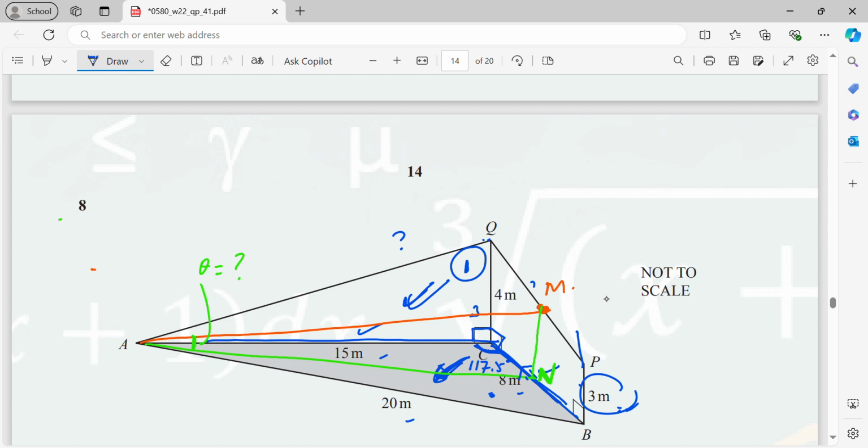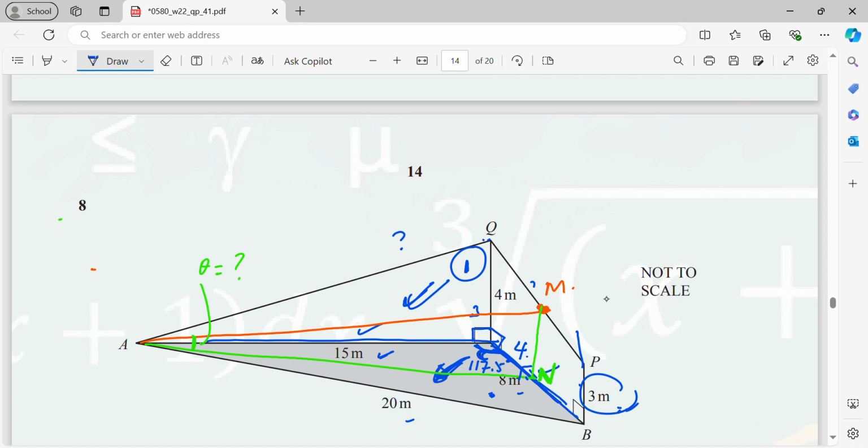I need to find out my AN first, instead of AM. So my AN, which is this green color, I will just draw the triangle. This is C. I know that N is the midpoint of CB. The CB is 8, that means here is 4. And then here is 15. So I have 4 and 15, okay?